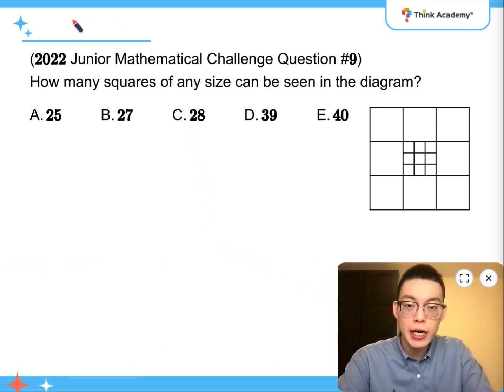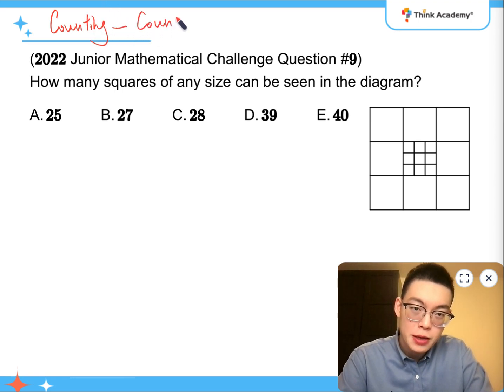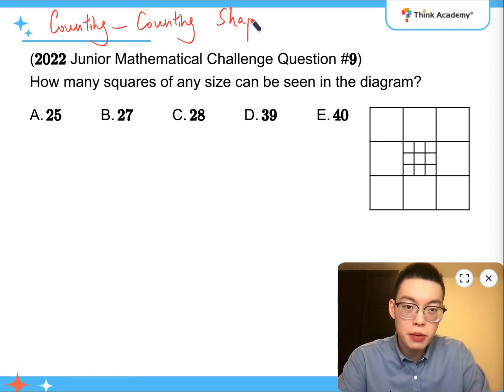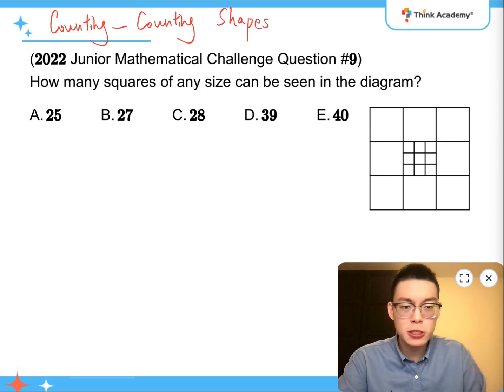As for question 9, a counting problem which involves counting shapes. That is not really commonly seen in the JMC papers, but it is quite often seen in like the 11 plus papers and stuff. So how do we count it? We just classify it into different sizes, right?